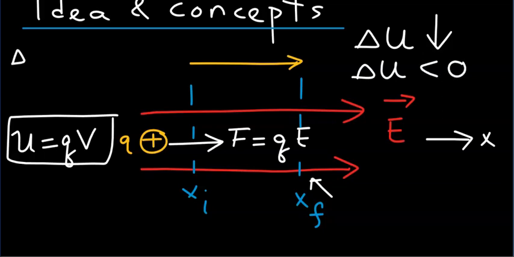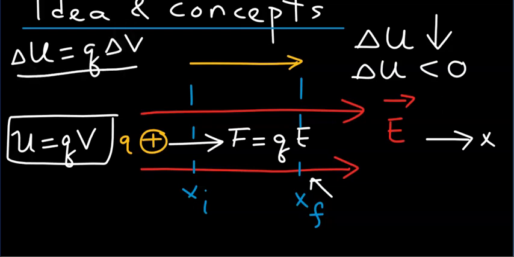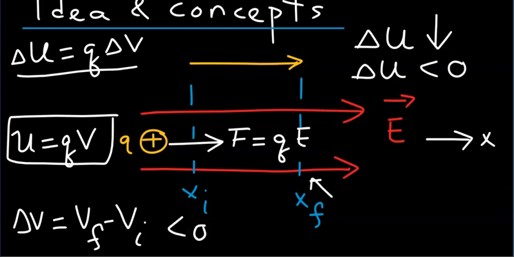But since the change in electric potential energy is related to the change in electric potential in that manner, where delta V is the electric potential at the final point subtract the electric potential at the initial point, delta V must also be negative.